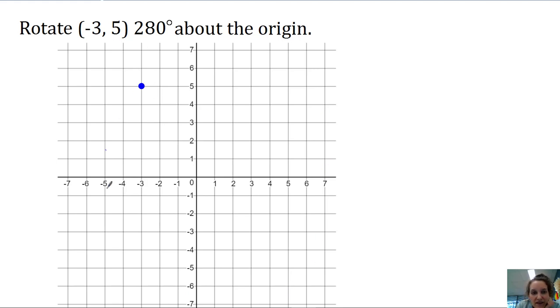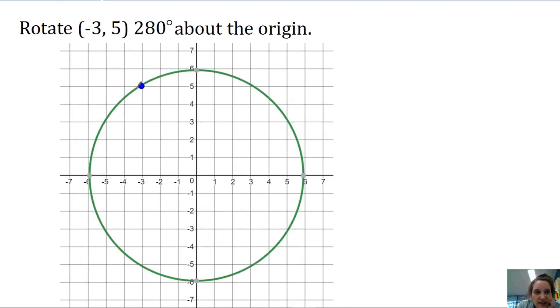If we think about 90 degrees, 180, 270, it's going to end up somewhere in this general vicinity in the first quadrant. But let's envision this circle that we're rotating around; the center of the circle is at the origin. First, we know we have to get to an axis.